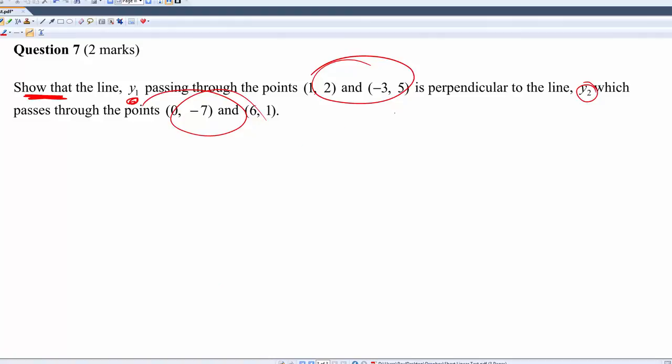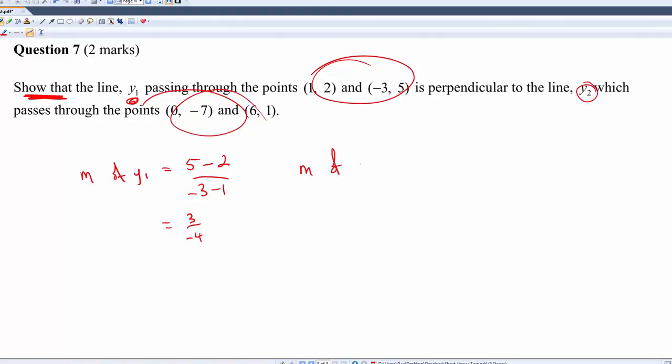Now I can see just by sight that the numbers are a little bit unfriendly to do a by-sight gradient check. So what we'll do is we'll just run the full y2 minus y1 over x2 minus x1. So the gradient m of y1 equals 5 take 2 over negative 3 take 1. That's 3 on negative 4.